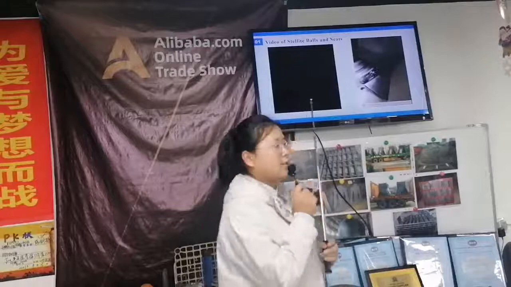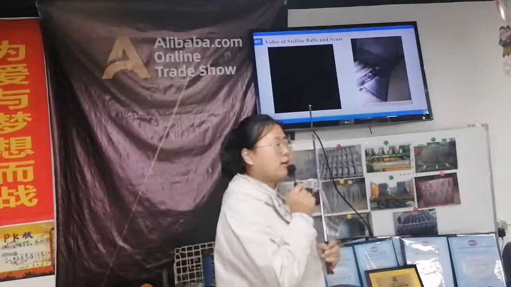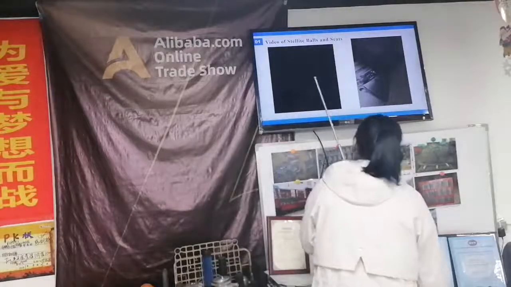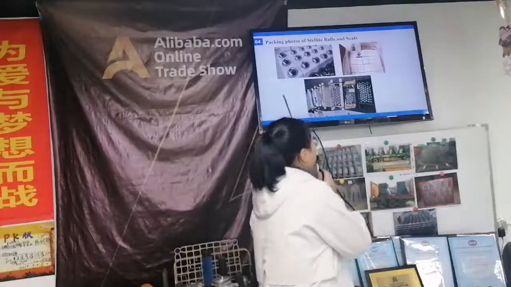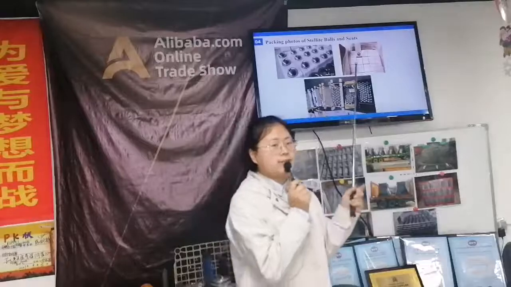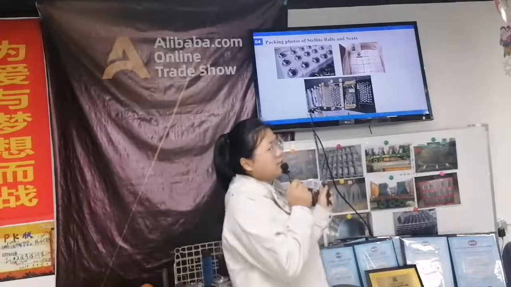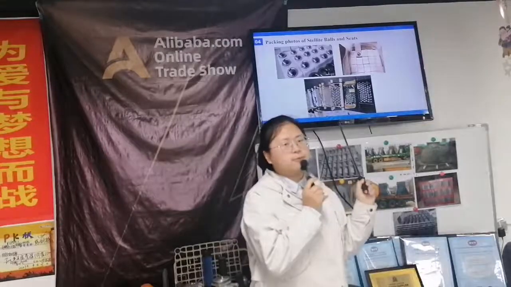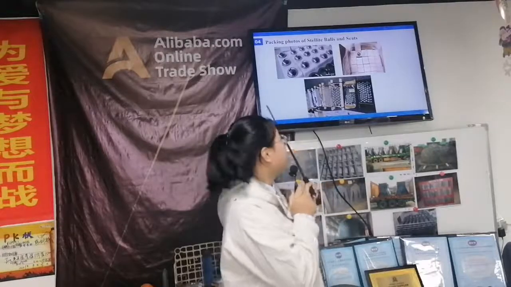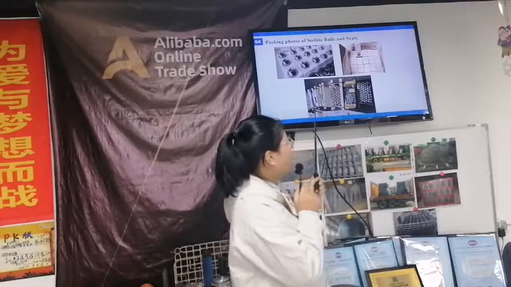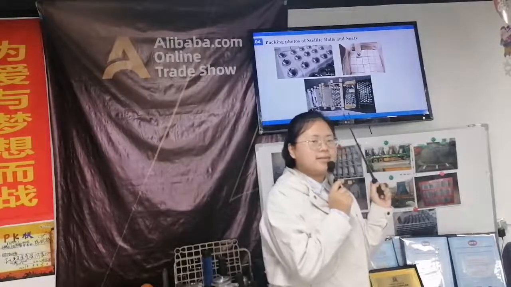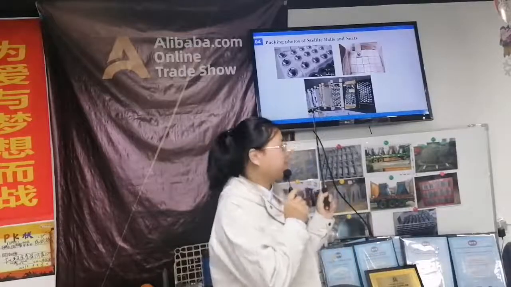Next video is the process for C9 balls. Next, packing photos for C9 balls and seats. You can see these photos. We have two types for packing. One is cotton, the other is wooden box.